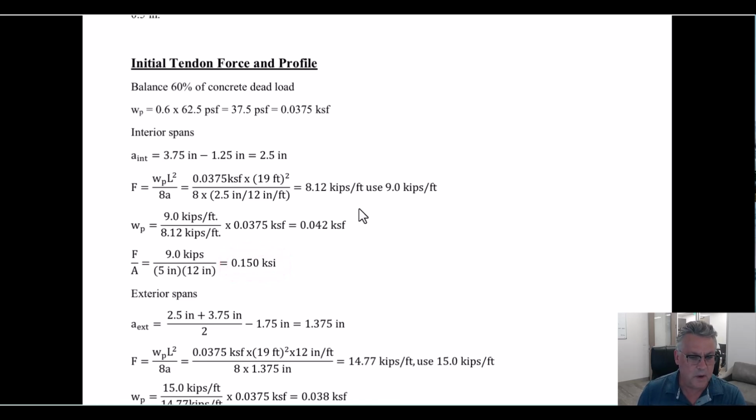And many firms, our firm, Engelkirk's, when I used to work there, had that as a minimum average compression for one-way slabs anyway. So in a 5-inch slab, everybody was using 9 kips a foot in the typical interior bays. And when you use that, that's 42 pounds a square foot of balance load.